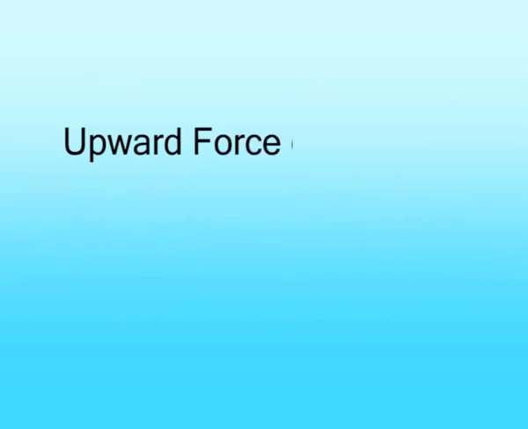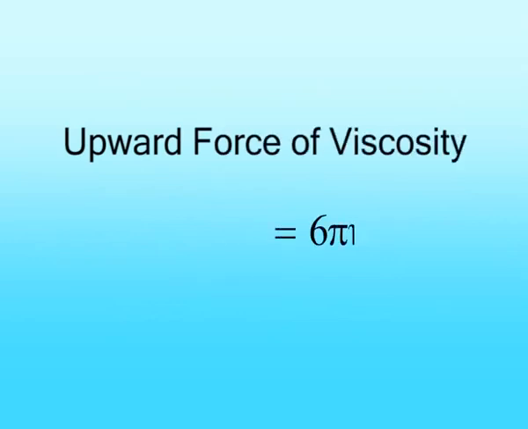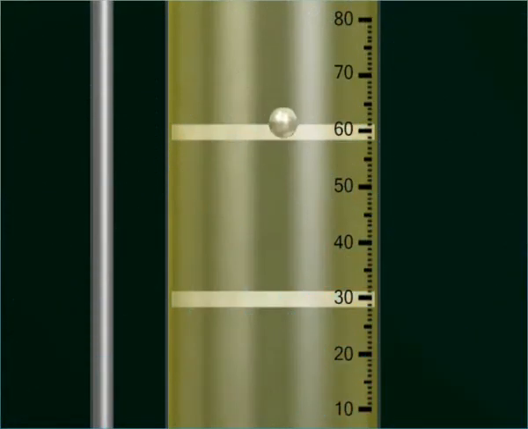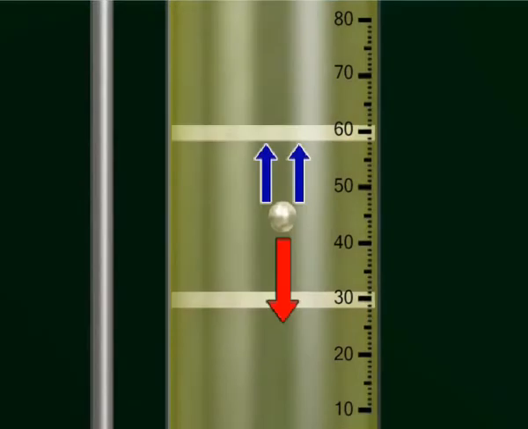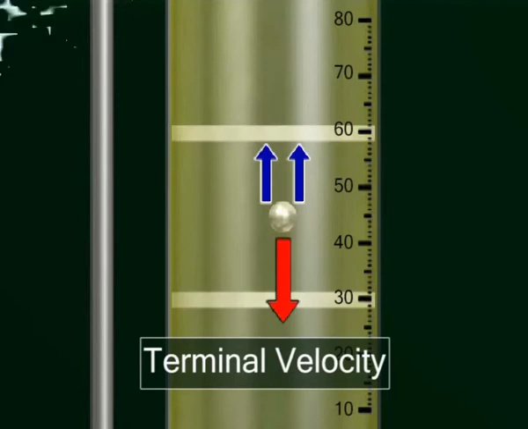Now, upward force of viscosity is equal to 6 pi eta r into v. When downward force is balanced by the upward force of viscosity, the body falls down with a constant velocity called terminal velocity.